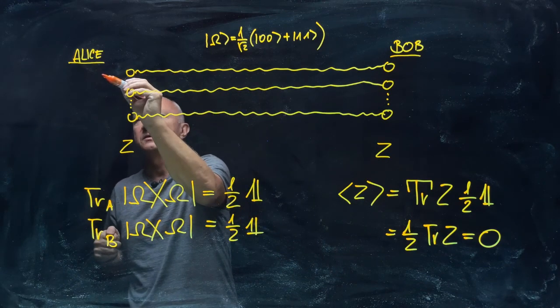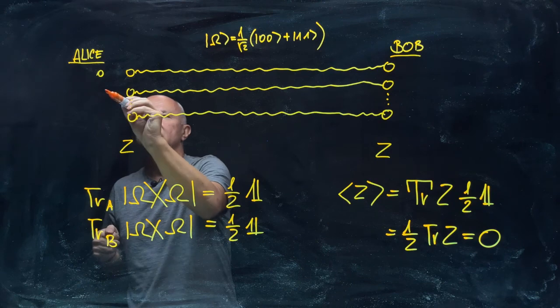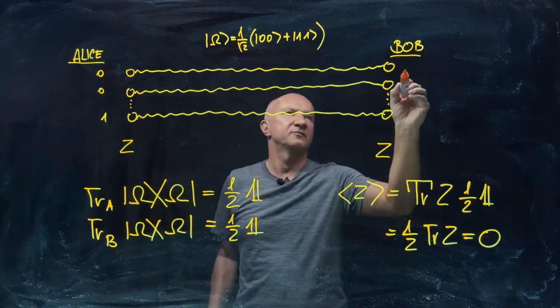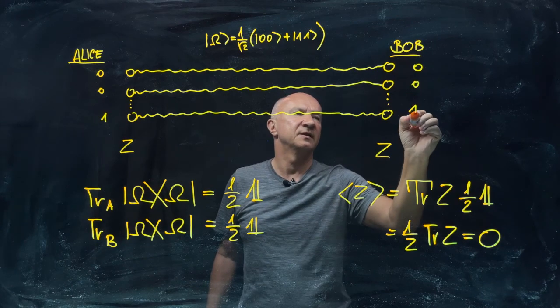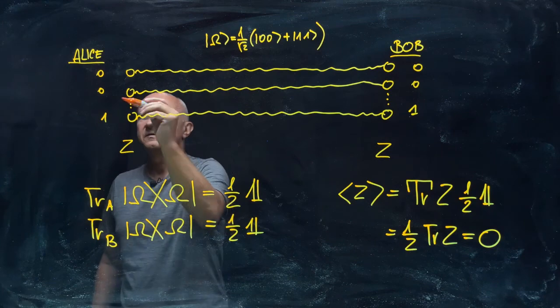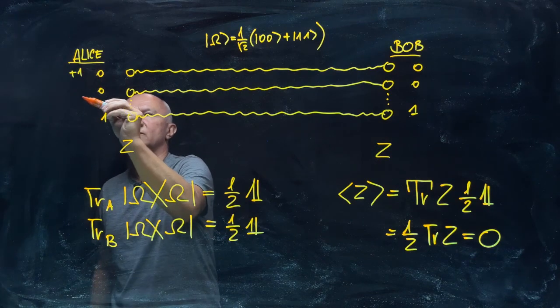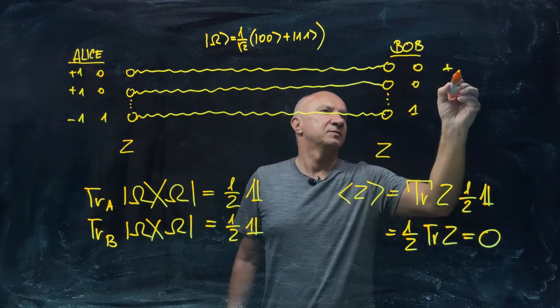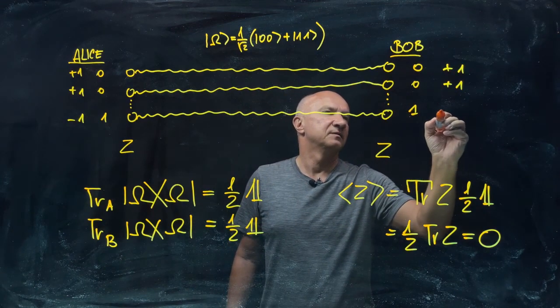So it's going to be, say, 0, 0, 1, and whenever Alice has 0, Bob has 0, or using the Z labeling, +1, +1, -1.